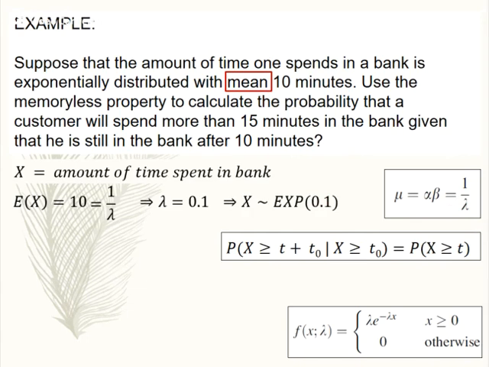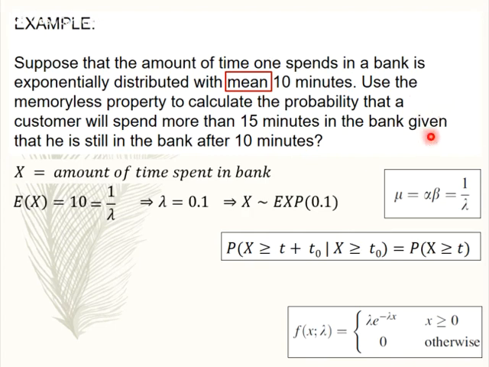All right. So the question now says, use the memoryless property to calculate the probability that a customer will spend more than 15 minutes in the bank, given that he is still in the bank after 10 minutes. Hopefully you can see from that glaring word, given, that this is a conditional probability.